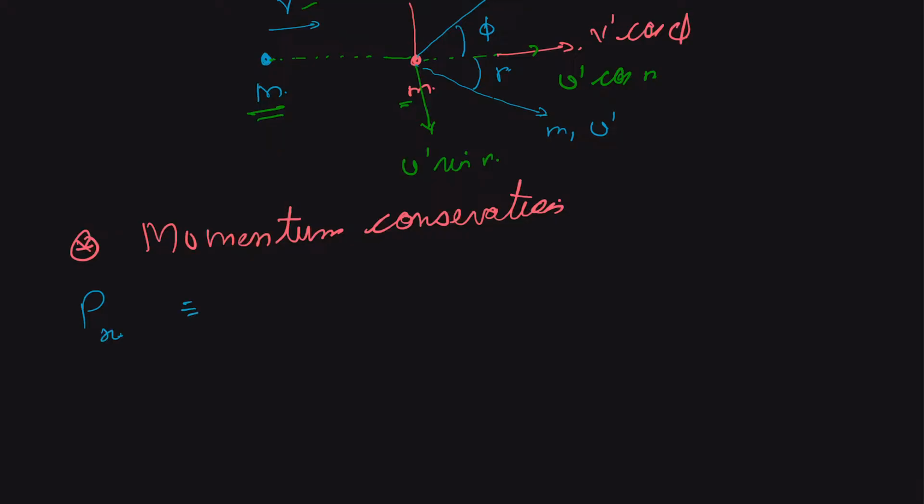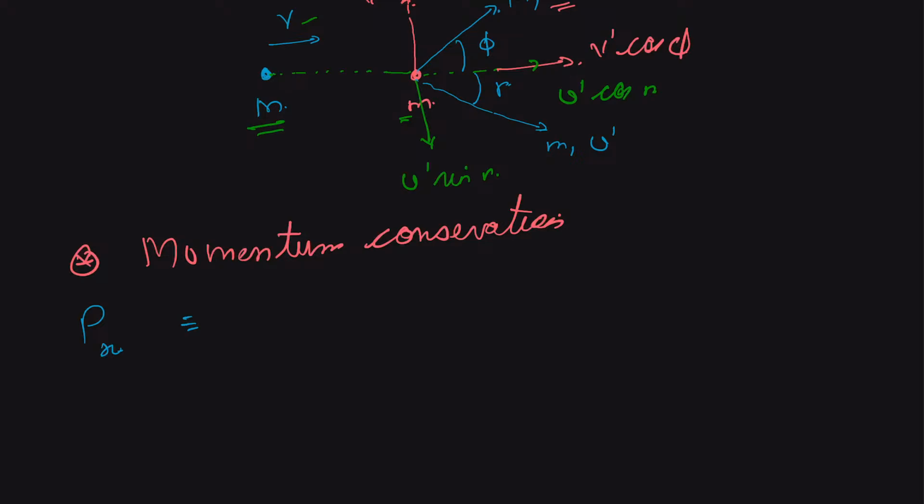For that, the initial momentum will be, only mass capital M is moving, so this comes as M times v, will be equal to M v prime cos phi plus small m small v prime cos gamma. And let us call this equation number 1.